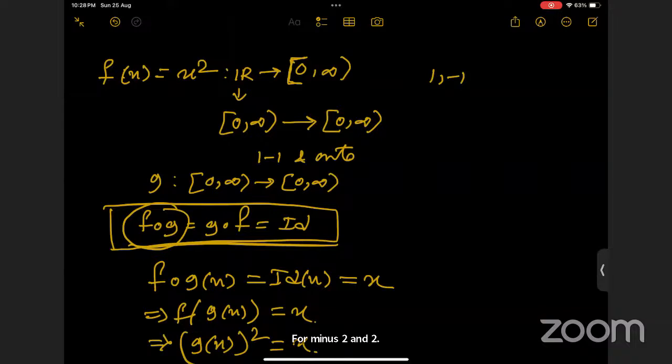The image for both will be 4. It's not passing the horizontal line test either.